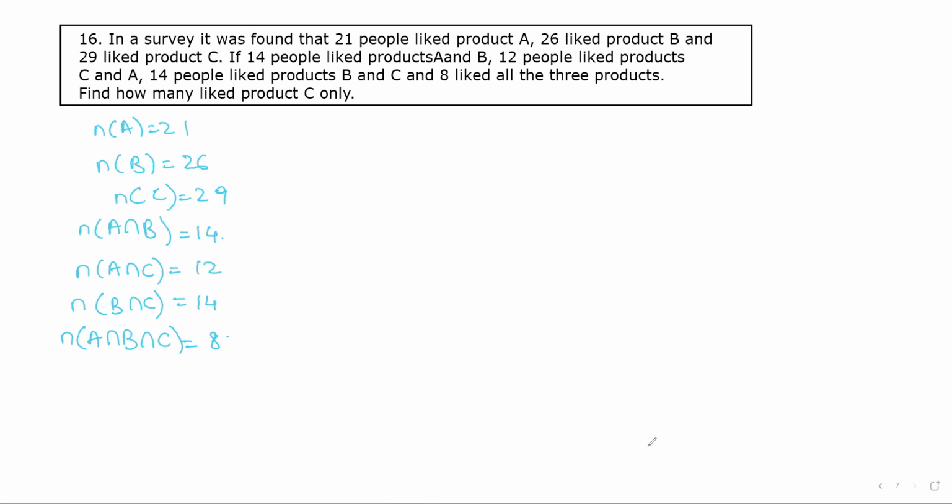So product C only means C, and then you have to subtract the other values from it. Let's draw the Venn diagram.